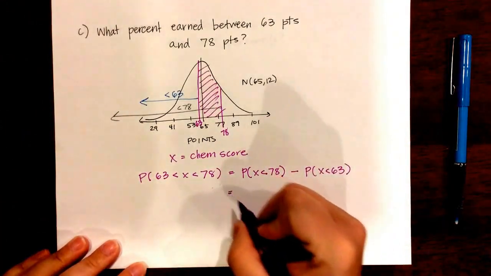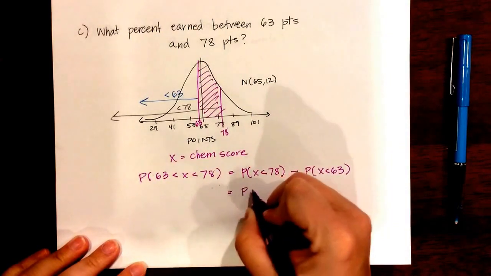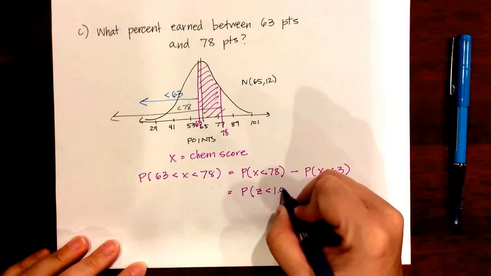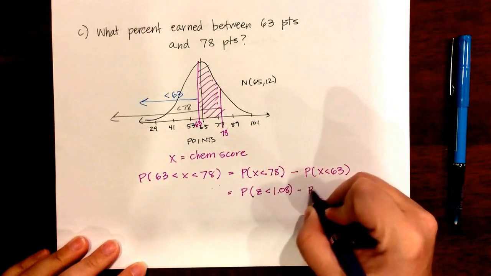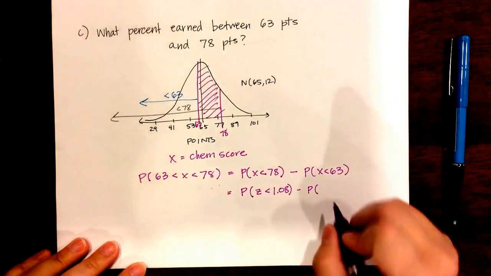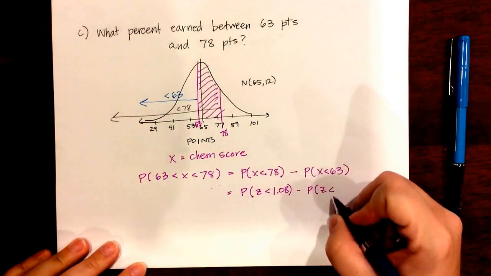Then we're going to convert those into z-scores. And we already did that, so I don't have to show my work again. And remember, if you're trying these with me, just push pause and work out the problem and then turn it back on and check your work.